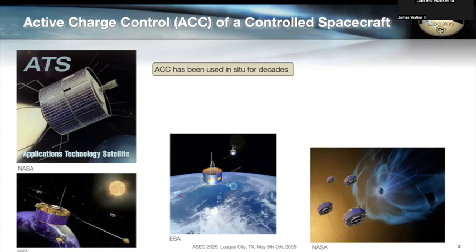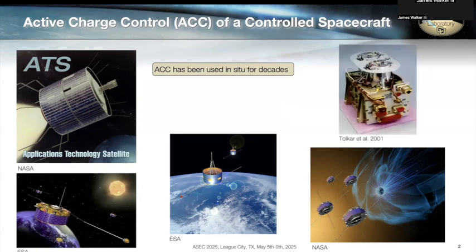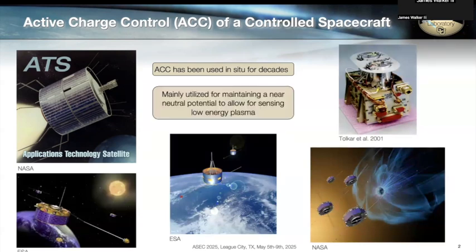It also led to the development of instruments specifically designed for controlling a spacecraft's electrostatic potential, such as the ASPOC mission. Each of these applications, and how it's been primarily used in situ in the past, has been a controlled spacecraft controlling its own electrostatic potential, specifically to maintain a near neutral potential to allow the sensing of low energy plasma.